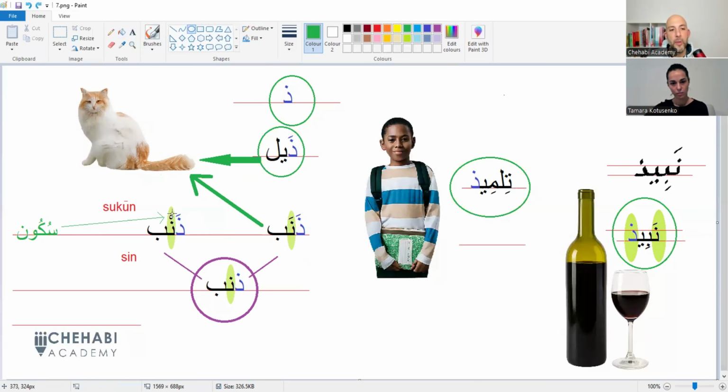Now look at this. We're learning today a new figure, which is this one. This is called sukoon. Sukoon means quiet, calm, and why? It looks like a 0, right? And it confirms that there are 0 vowels following. It's a confirmation. Actually, the word is dhanb, but as we learned in the modern script, we don't use the short vowels.